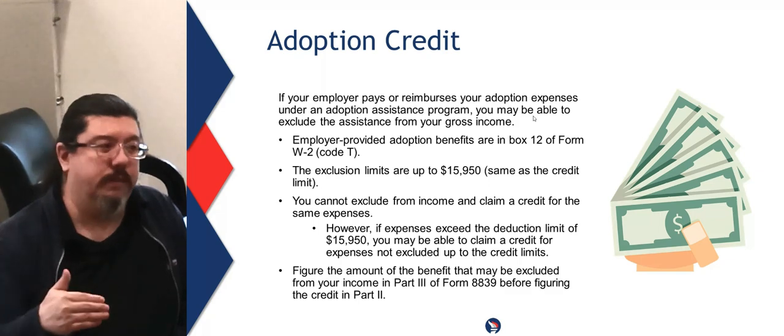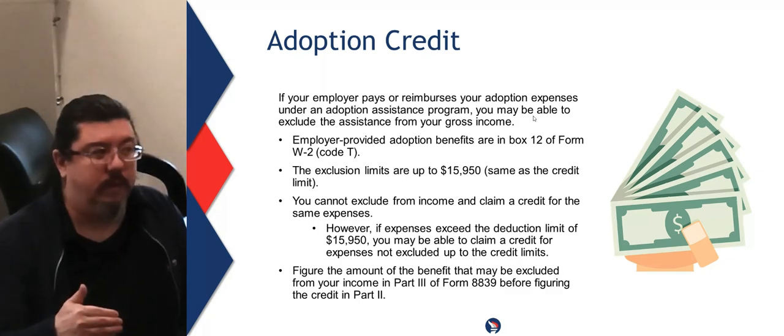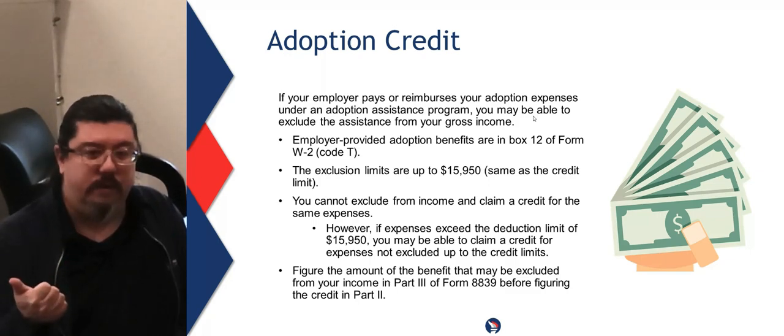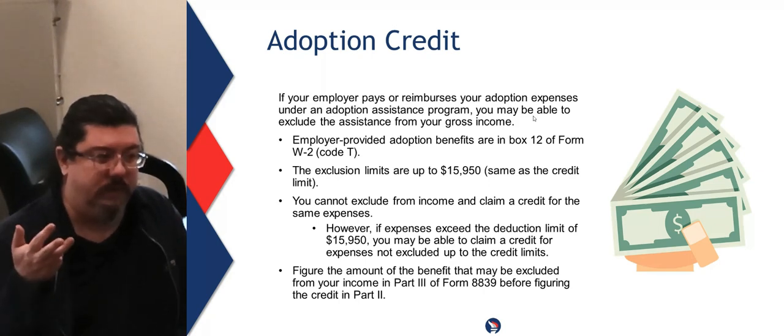So if you adopt someone this year in 2024, you can claim the credit on the 2024 return. And if it's not all used up, you can continue to claim it on your 2025, 2026, 2027, 2028, and 2029 returns.